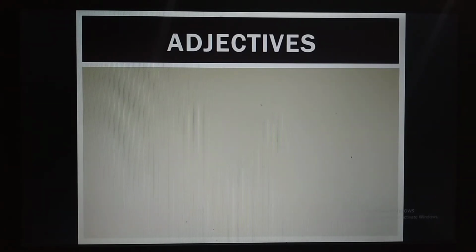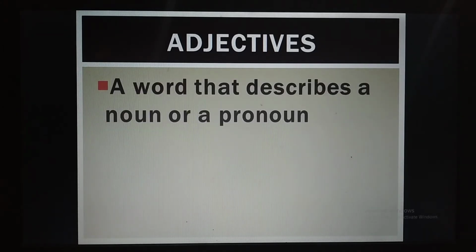So let us proceed. Our topic for today is adjectives, right? Let us discuss first what an adjective is. Maybe some or most of you have the idea, or can remember what an adjective is. An adjective is a word that describes a noun or a pronoun.